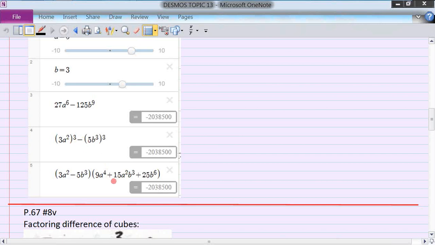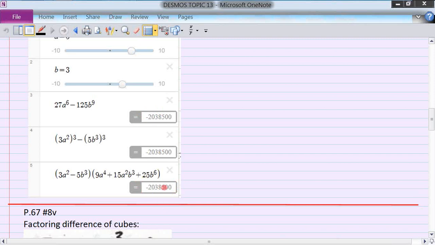If it's positive here, it becomes negative here. And I just multiply 3a squared times 5b cubed. I get 15a squared b cubed. So you can see that I've done this all right because the number doesn't change. Again, I verify by moving the slider along for a and b and just making sure that whatever these numbers are, they don't change.